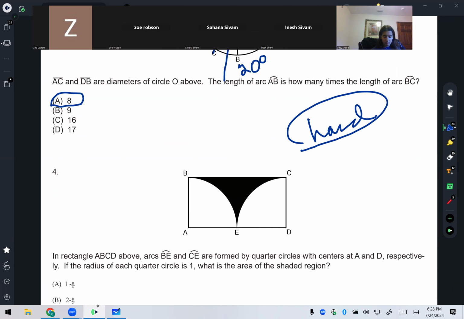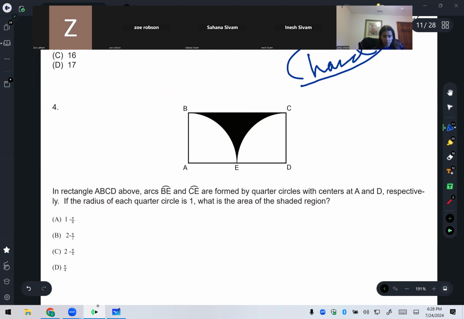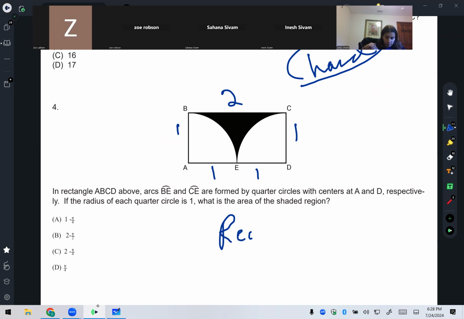Okay, in rectangle ABCD above, arcs BE and CE are formed by quarter circles with centers at A and D respectively. So the radius of each of these quarter circles is 1. So the whole rectangle would just be length times width, or 2 times 1, or 2.